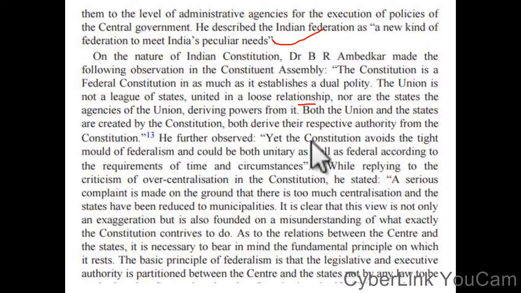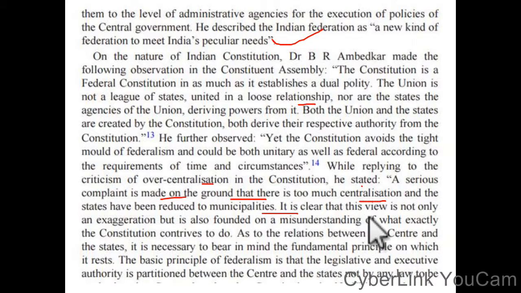He further observed that the Constitution avoids the tight and rigid mold of federalism, and could be both unitary as well as federal according to the requirements of time and circumstances. While replying to the criticism over centralism in the Constitution, he stated: a serious complaint is made that there is too much centralism and the states have been reduced to municipalities.